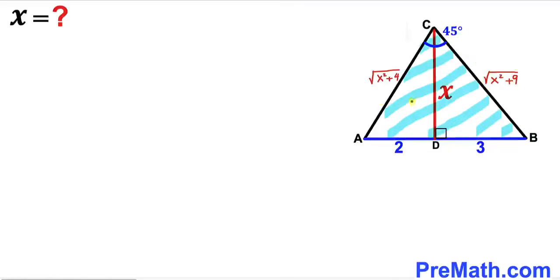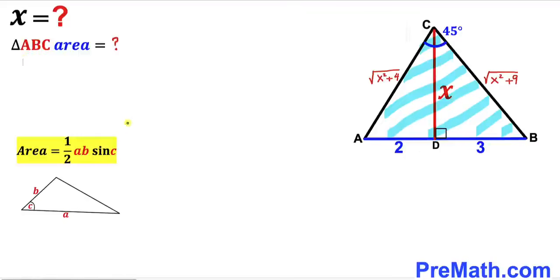Now let's focus on the whole triangle ABC and calculate its area. Let's recall the area formula: area equals a half times a times b times sine of angle C, where a and b are two side lengths and C is the angle in between.